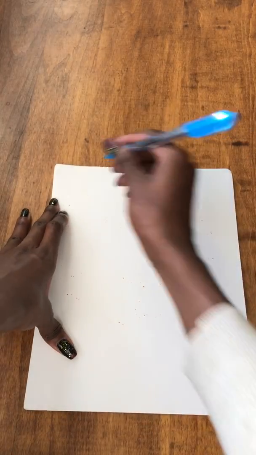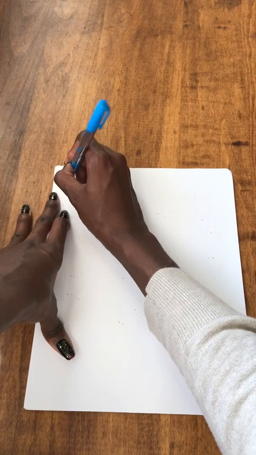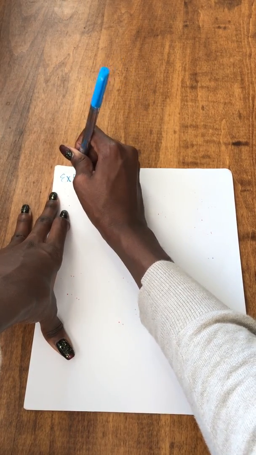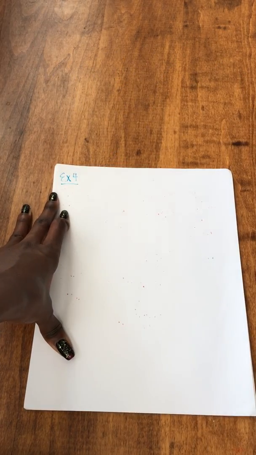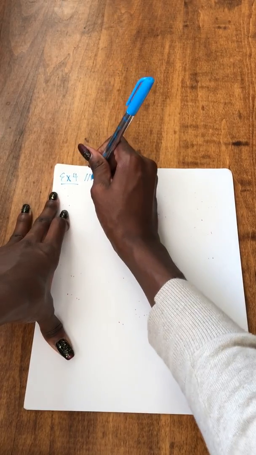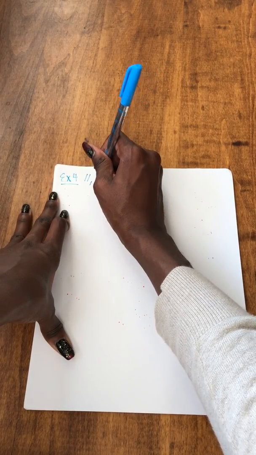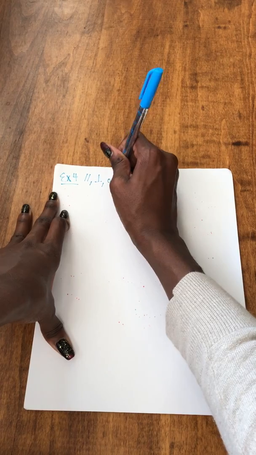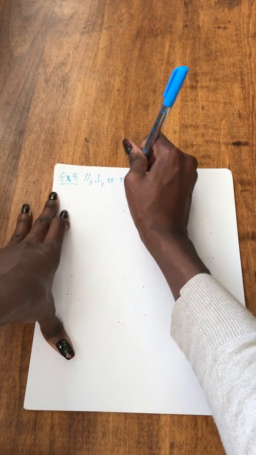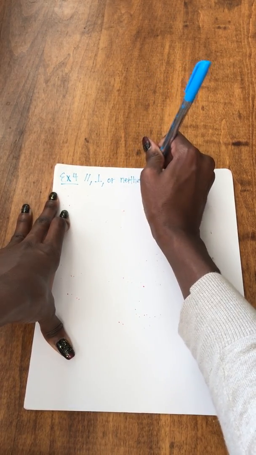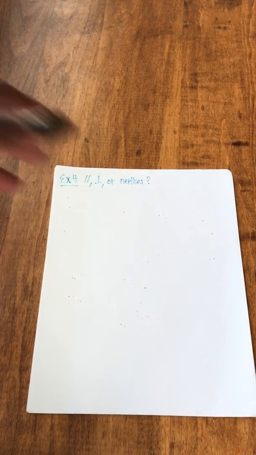So this is example 4. Okay, and the question wants us to figure out whether it's parallel, perpendicular, or neither, okay? So that means that neither of those definitions hold true.